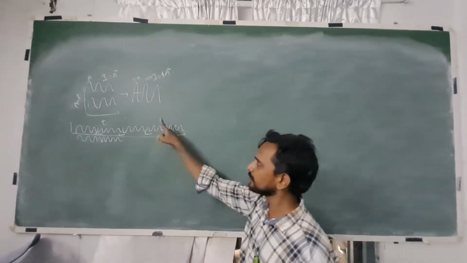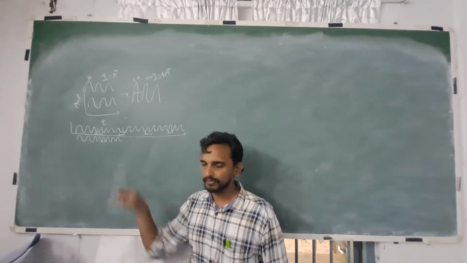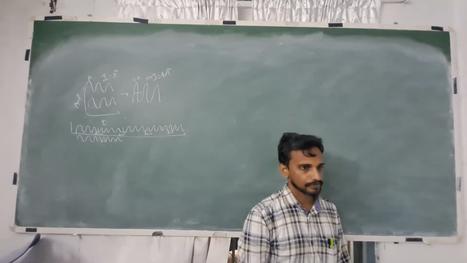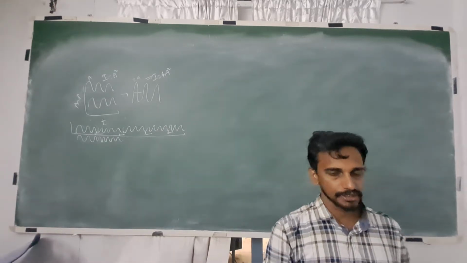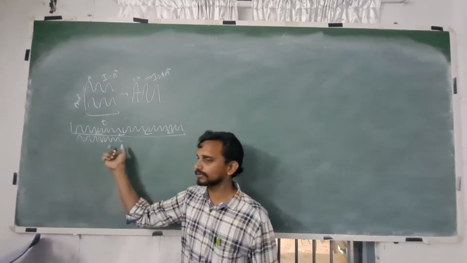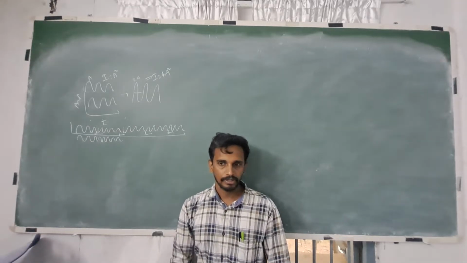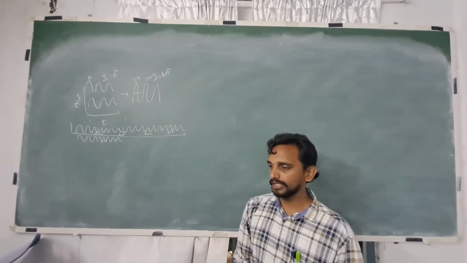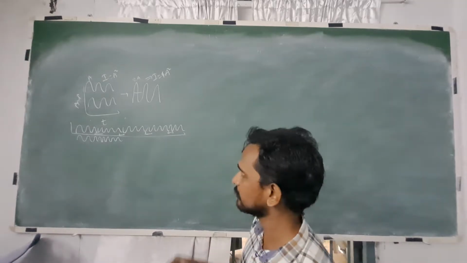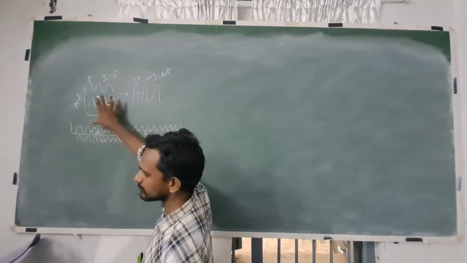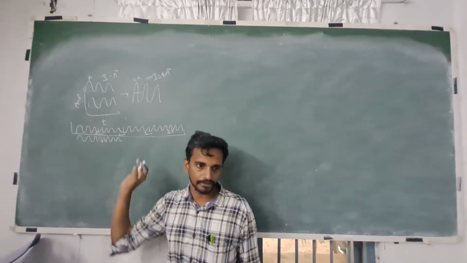Right? So the superposition may not remain same as a function of time. So as time progresses, at some time you may have constructive interference, at some time you may have destructive interference. So things vary with time. So now this interference is superposition of waves, either constructive or destructive.